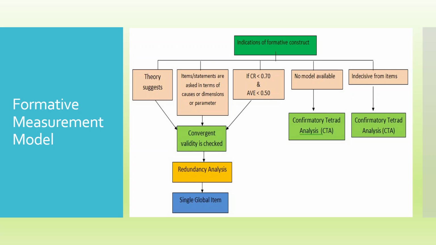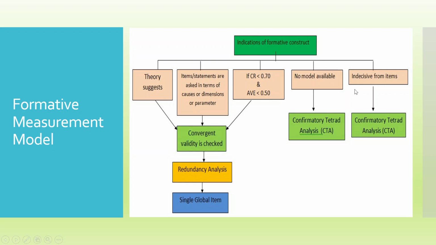But in a formative construct, we had seen that there can be very little correlation among the statements, and therefore a low correlation will give rise to low Cronbach alpha, low composite reliability, low rho, and low average variance extracted. This can be one of the indications that this is a formative construct.